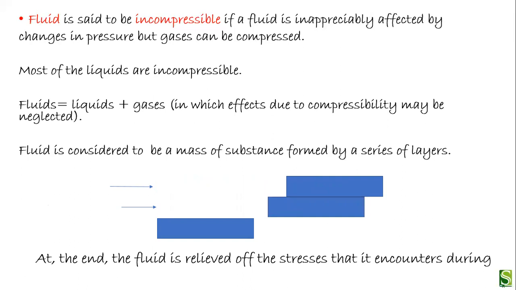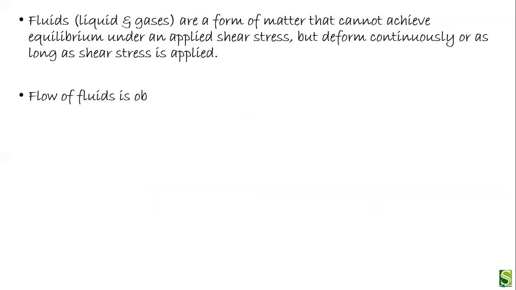At the end, the fluid is relieved of the stresses that it encounters during flow by undergoing deformation. Fluids, the liquids and the gases, are forms of matter that cannot achieve equilibrium under an applied shear stress, but deform continuously as long as shear stress is applied.